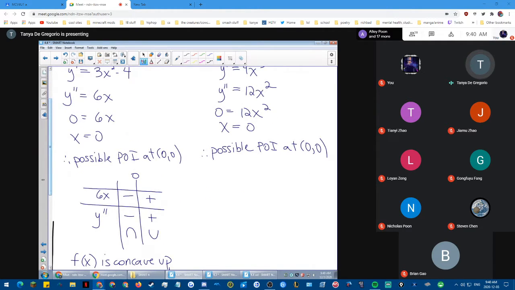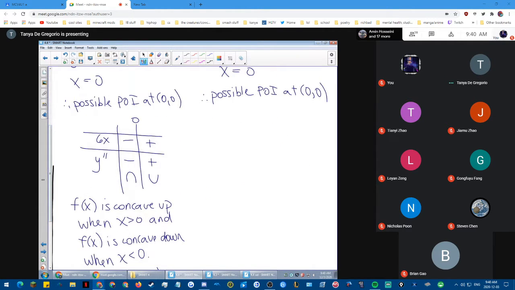So again, we're doing an interval chart. The interval charts are usually very simple when you're dealing with second derivatives, because by the time you get to the second derivative, it's usually not very complicated. Sometimes it can be, if it's a quotient rule, but not always.